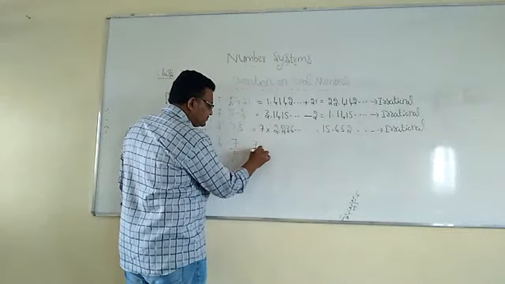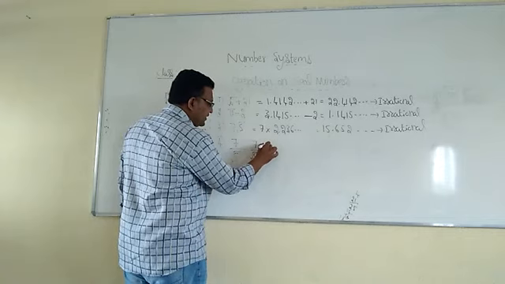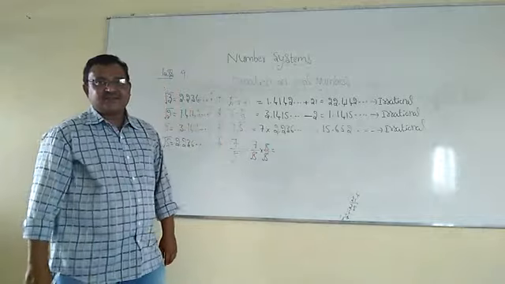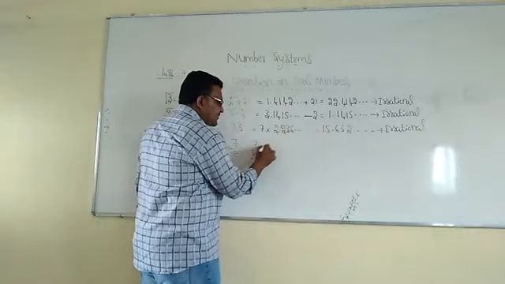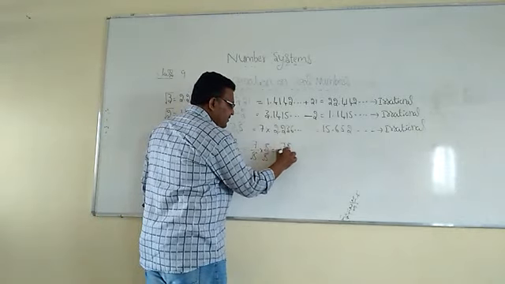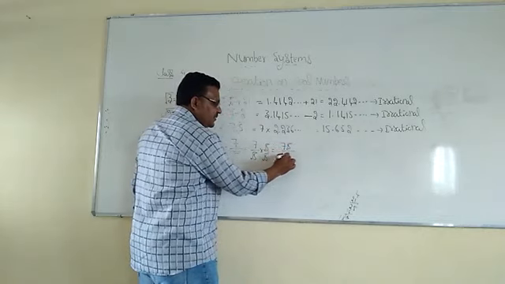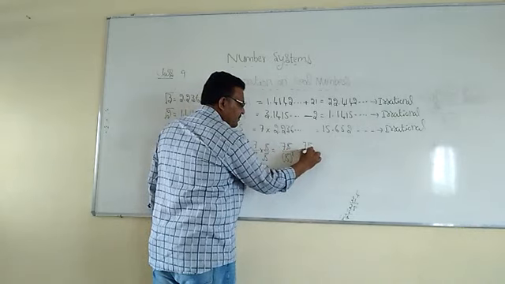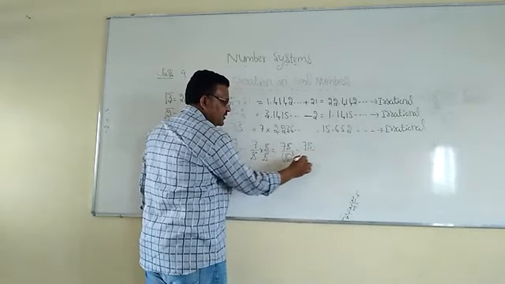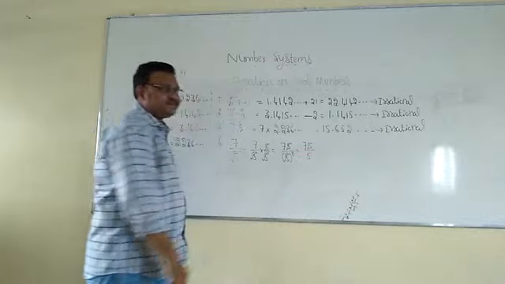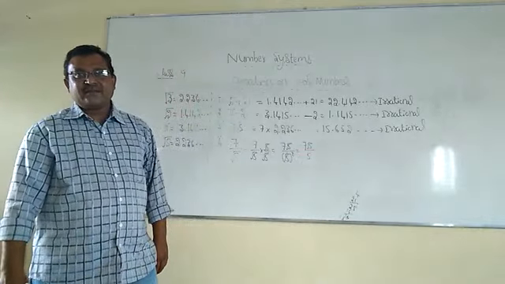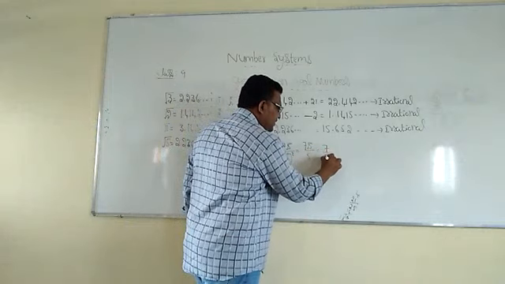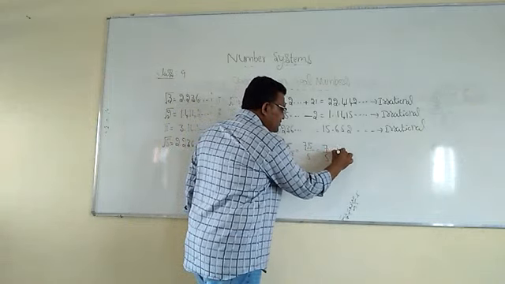To make it, multiply both numerator and denominator by root 5. Why? Because in the denominator root 5 is there. Then now 7 into root 5 means 7 root 5 by root 5 into root 5 means root 5 whole square. So 7 root 5 by, here square and root will get cancelled. What remains? 5. 7 by 5 into root 5. So finally we got 7 by 5 into root 5.